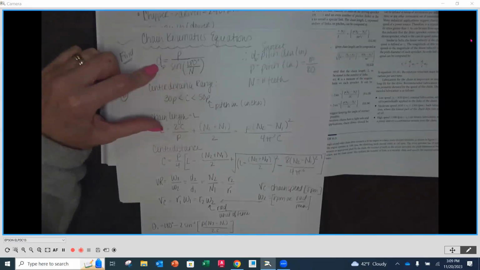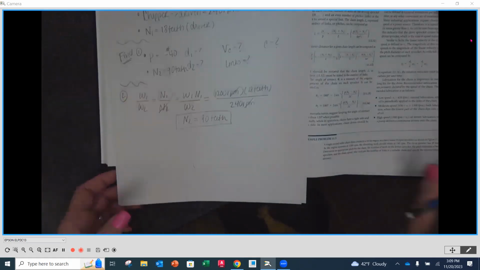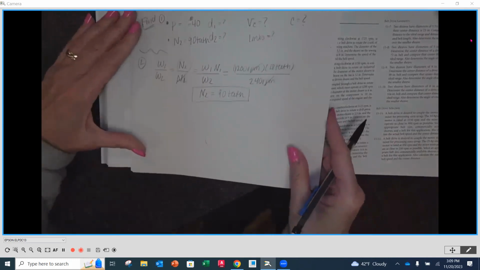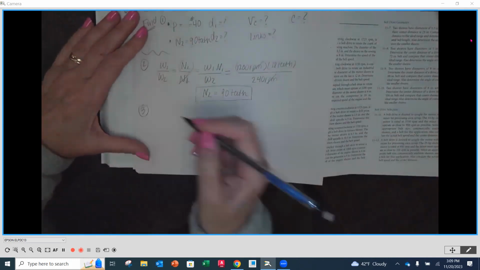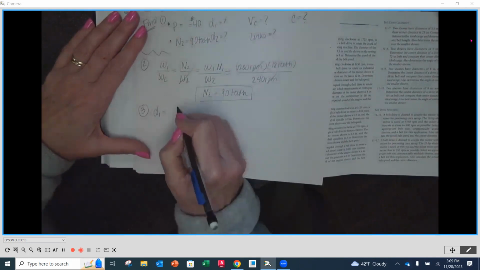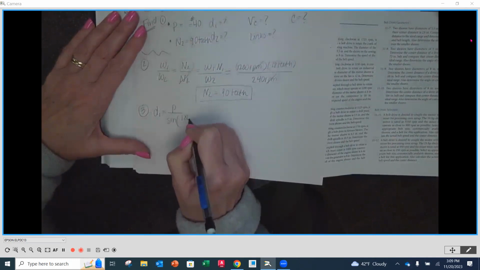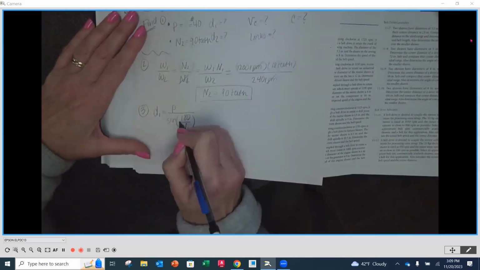So if you want to find D1, you have to use the number of teeth in number 1. So for step number 3, we know that D1 is going to be equal to P divided by sine of 180 divided by N1, right?